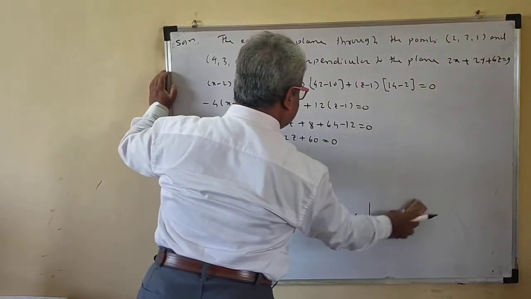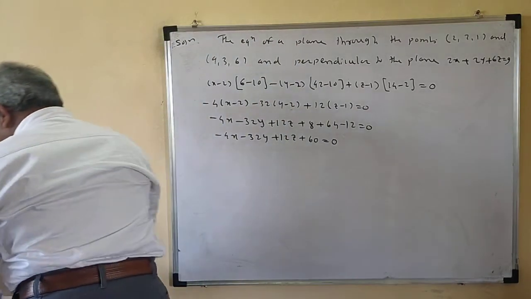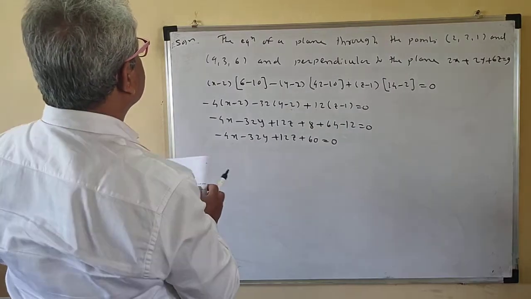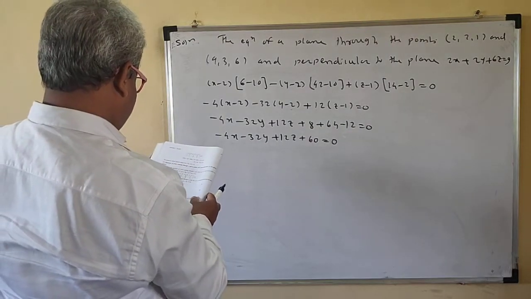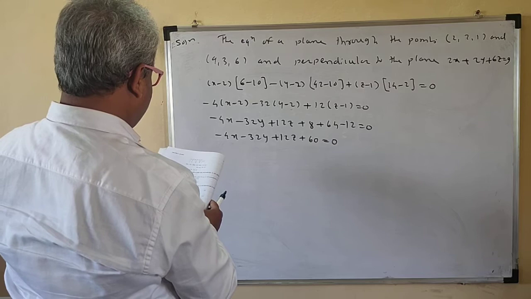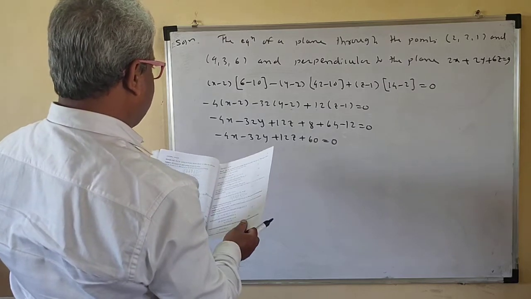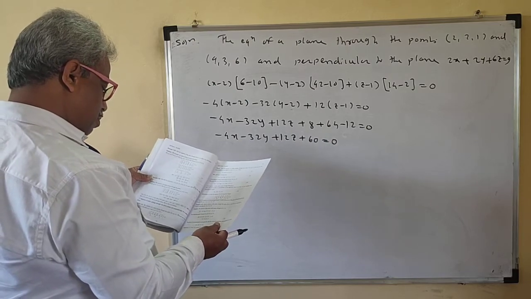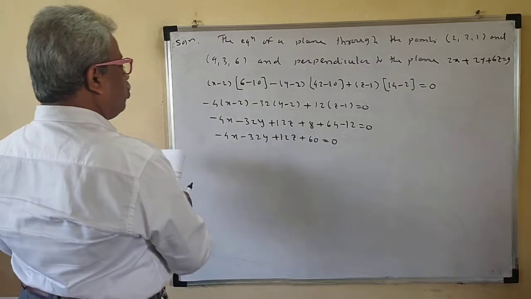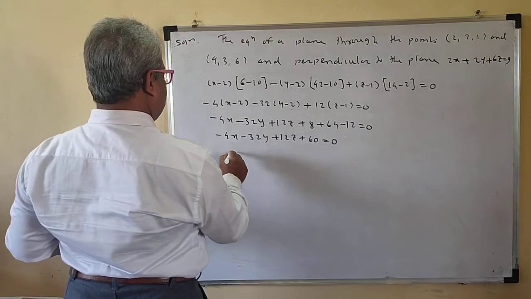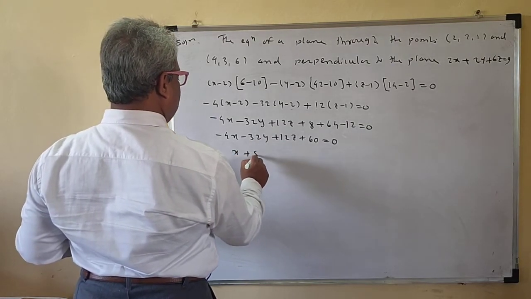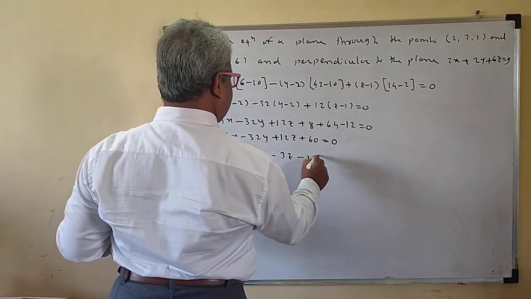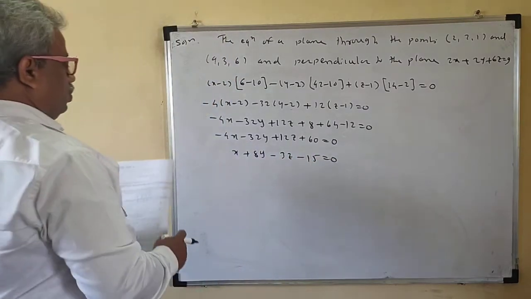Now we can divide by 4. So this is x + 8y − 3z − 15 = 0.